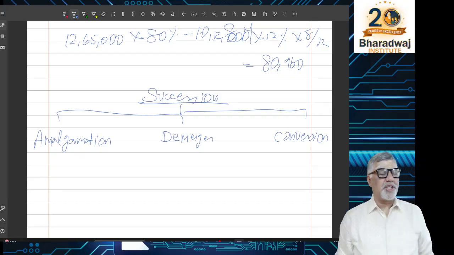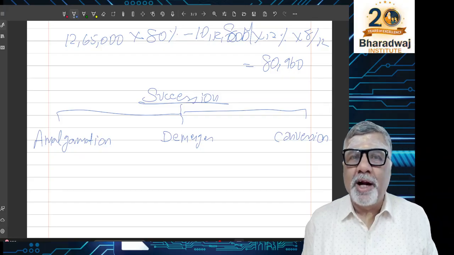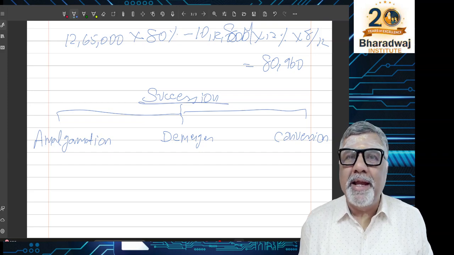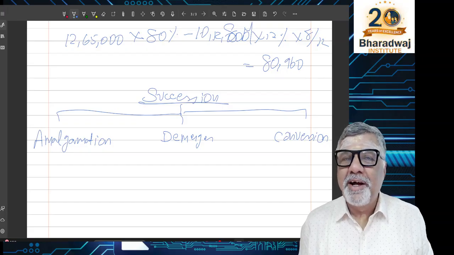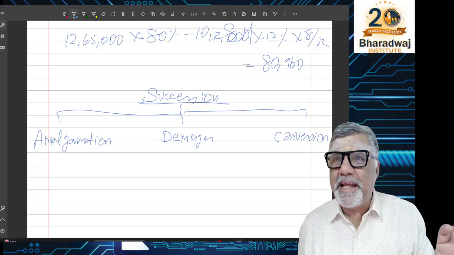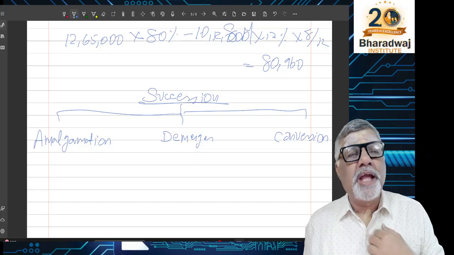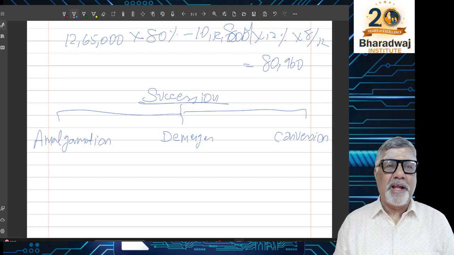The term succession means X Limited amalgamates with Y Limited. All the assets of X Limited are taken over by Y Limited. Now, what is the value? Y Limited should record the cost of addition as... Demerger: one company splitting into two. The second company is known as the resultant company. A unit is demerged, so all the assets pertaining to that unit, they will take over.